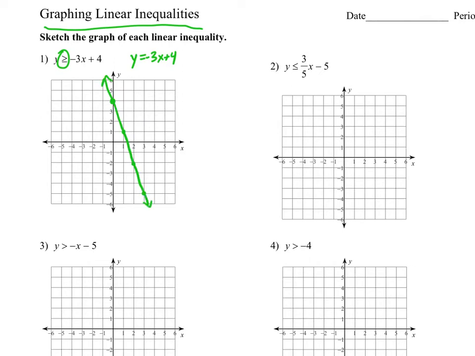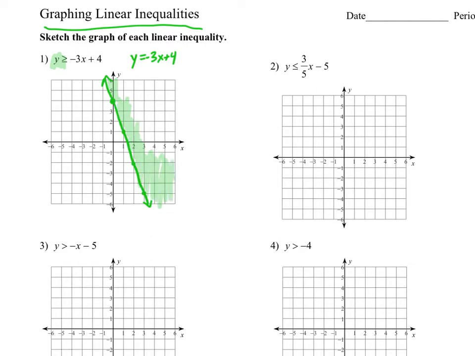And then it also says greater than, which means I am talking about the y direction. This is y is greater than, so y is up and down. So I'm going to be shading either above this line or below it. Not left and right, above or below. So because it is y is greater than, I'm going to be shading above that point and above that point and above that point.